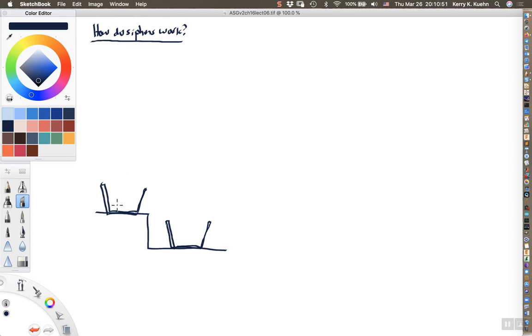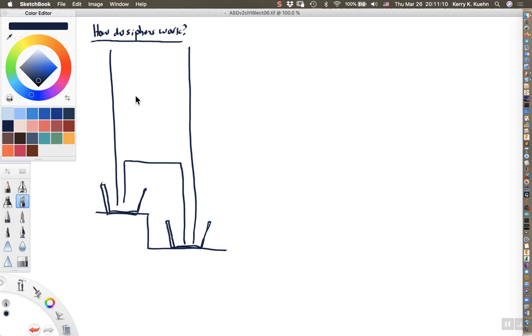And I'm going to put a long glass tube sticking out of this one, and a long glass tube sticking out of this one as well. And these two glass tubes are going to be connected by another glass tube.